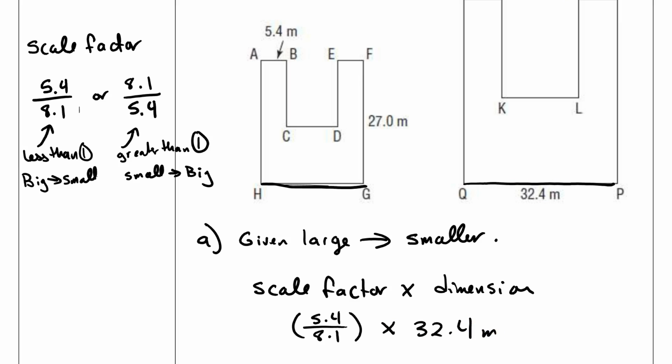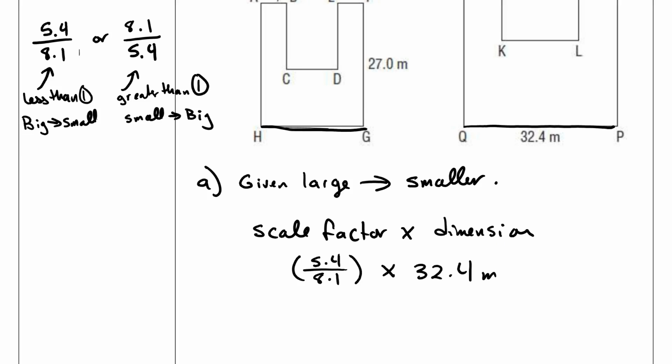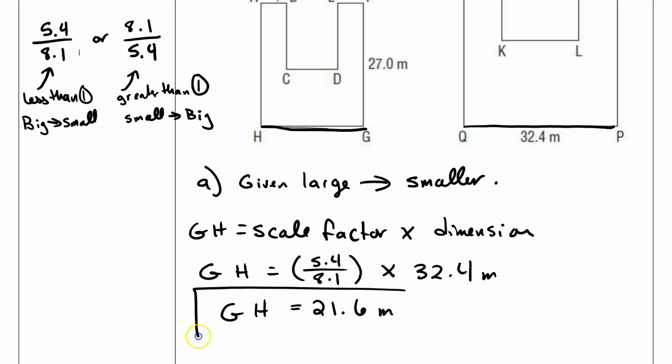When we punch this into the calculator, 5.4 divided by 8.1, and then multiply everything by 32.4 meters, we're going to say that GH equals 21.6 meters.